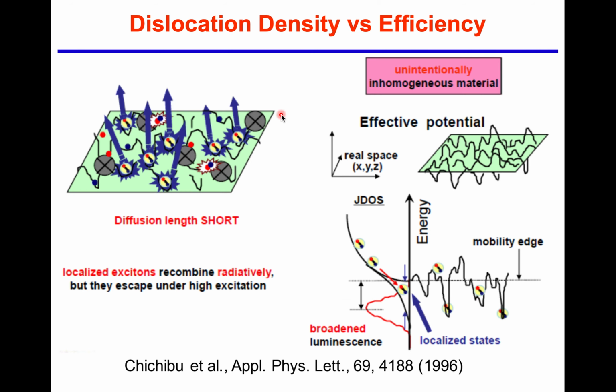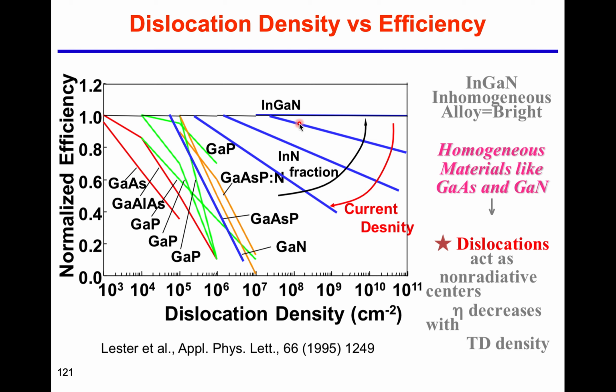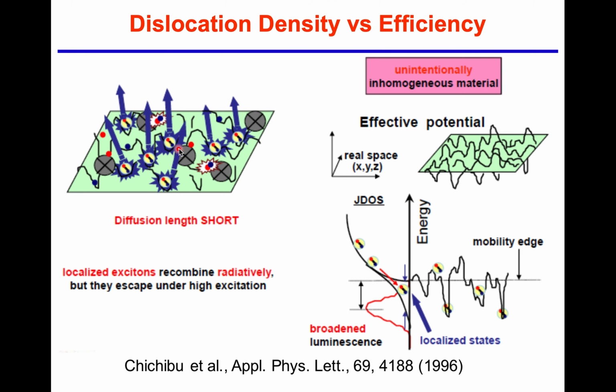The reason is that when we grow indium gallium nitride, it is not very uniform in terms of composition, so it actually forms lots of fluctuations. So there are lots of localized states, and the carriers cannot move freely. They are very localized, so they will not diffuse very far, and they cannot see the dislocations easily. Okay? So that's a very special case. I would say the success of gallium nitride has lots of surprises. Okay?